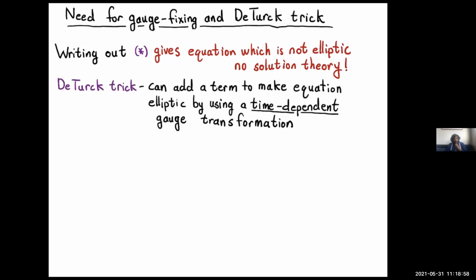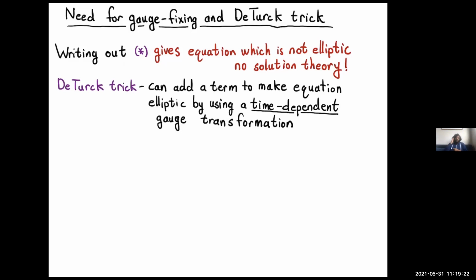So here we use a trick called the DeTurck trick, which was originally applied to Ricci flow, but Donaldson then applied it to look at the Yang-Mills equation. You can add a term to make the equation elliptic by using a time-dependent gauge transformation.